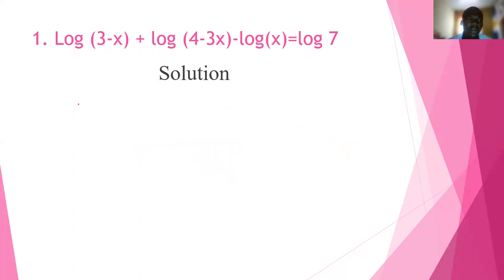So the real working will now have log(3 minus x) plus log(4 minus 3x) minus log x is equal to log 7.